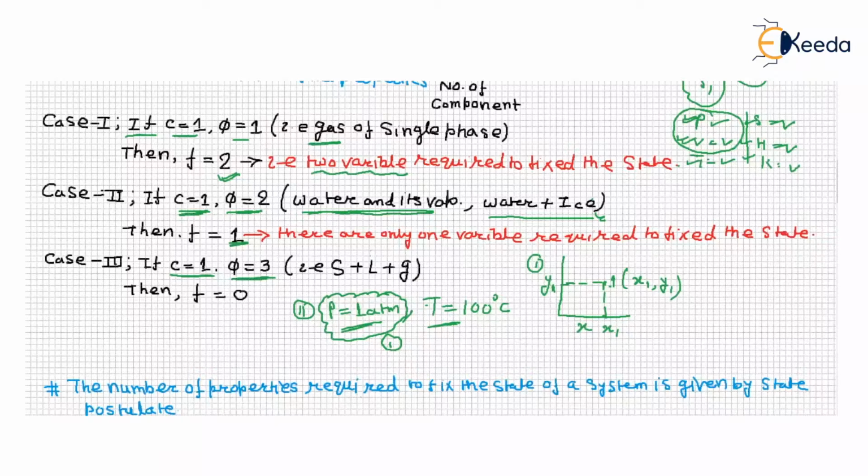That means three phases. Surprisingly, the degree of freedom is 0. That means there is no need of any property to define the state of the system. The degree of freedom is 0.